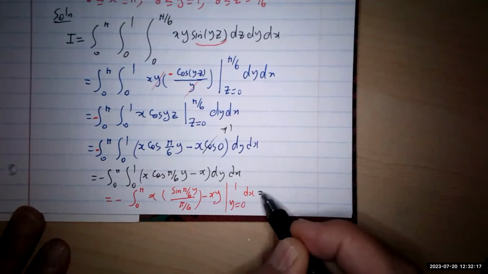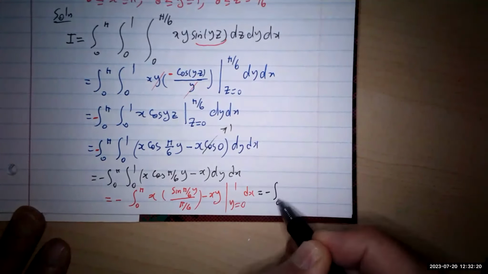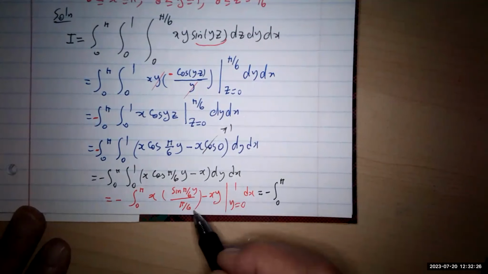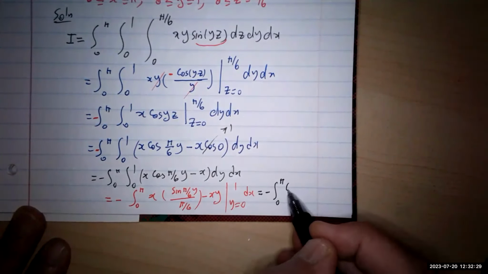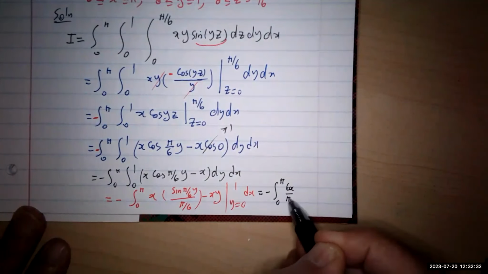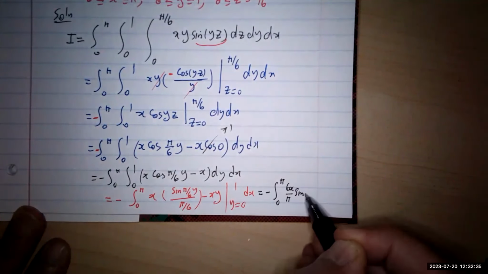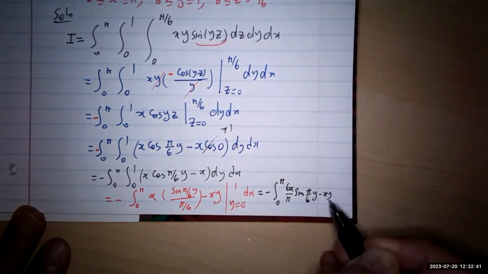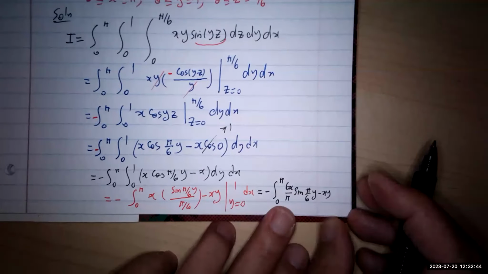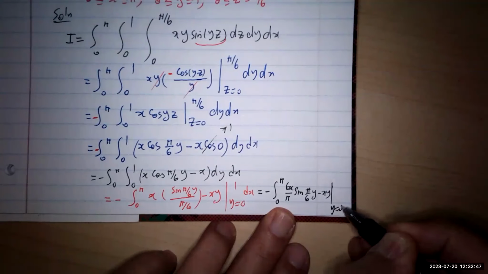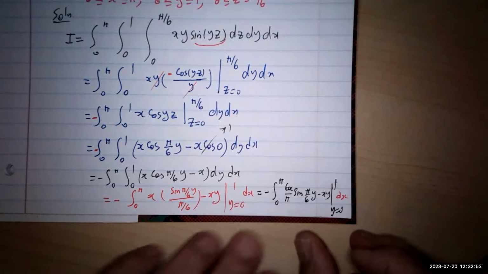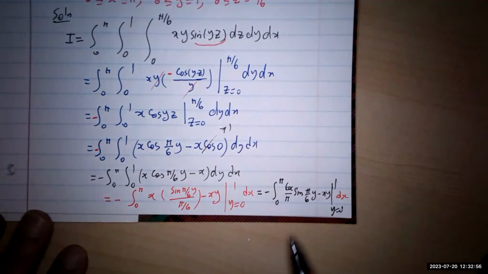So it's going to be equal to negative 0 to pi, and if you use the reciprocal, that gives 6 over pi. So 6/pi sine of pi/6 y and the minus xy, going from y equal 0 to 1, and when you're done, it's dx.